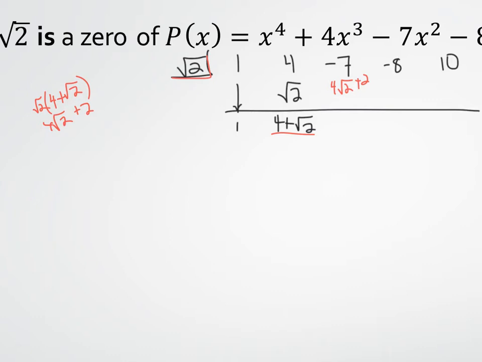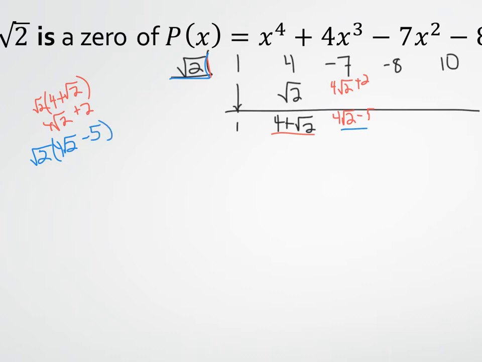Okay, so now we're going to add down. So we know we'll have the 4 square root 2, and we'll have minus 5. Okay, so we're going to multiply that, right? We're going to take that times what's in the box. So let's see, we'll have square root 2 times 4 square root 2 minus 5.